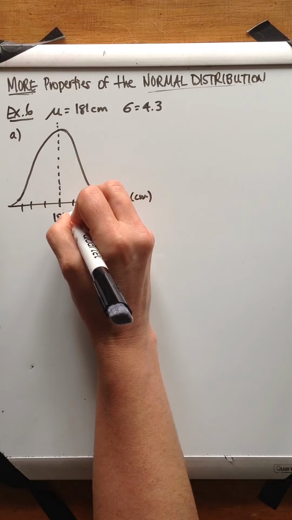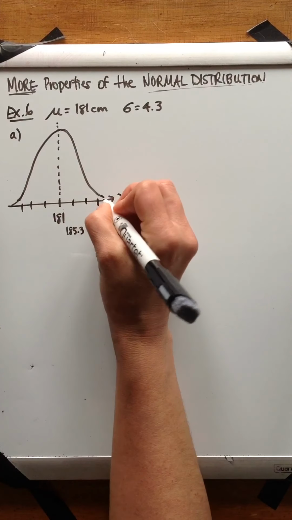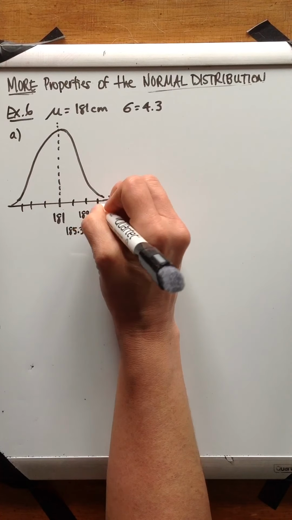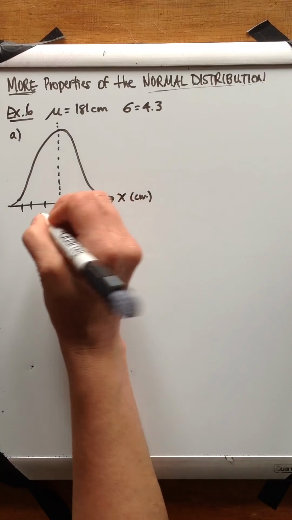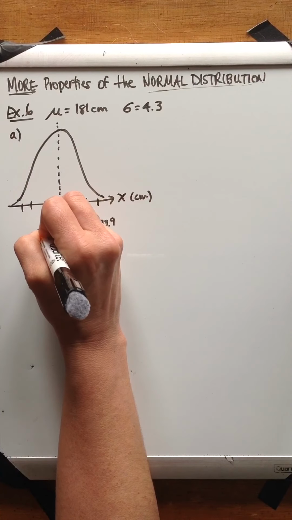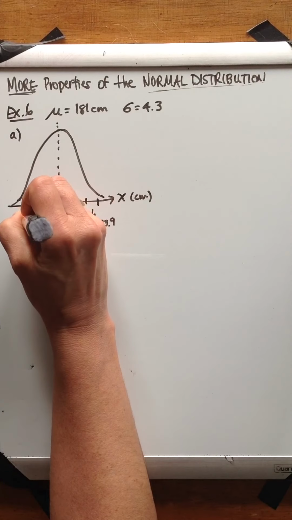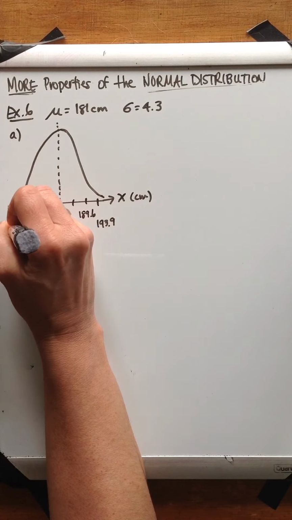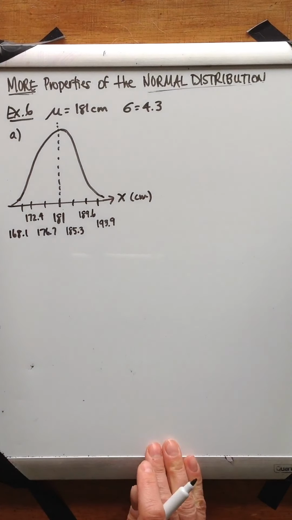This one would be 185.3. I'm just going to stagger them because it's a little bit squishy. 189.6, and the third standard deviation would be at 193.9. Going the other direction, I would have subtracting 4.3 to give 176.7. Another 4.3 subtracted would be 172.4, and then that last standard deviation away from the mean would be 168.1.